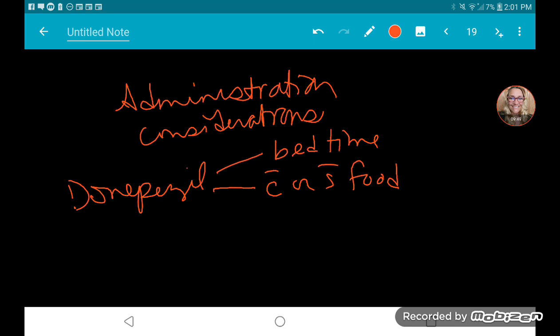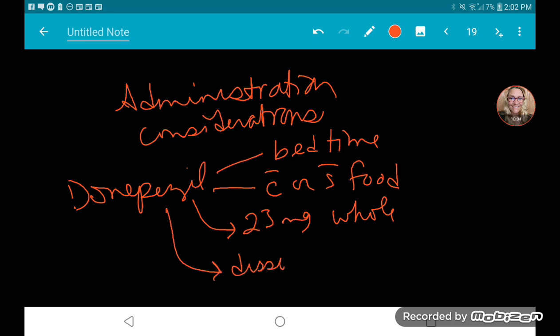The 23 milligram tablets must be swallowed whole, whereas there are dissolvable ODT tablets, which can be dissolved on the tongue followed by water.